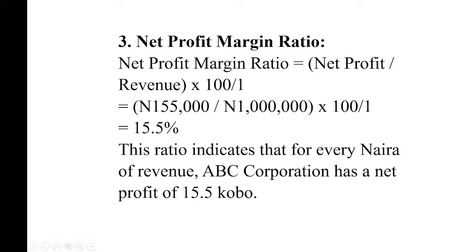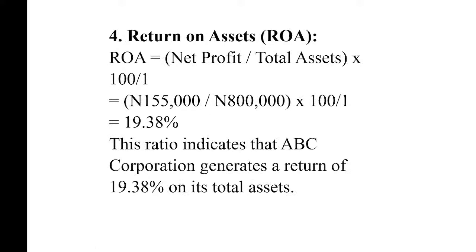Okay, we've done net profit margin ratio. Let's look at return on assets. Return on assets is equal to net profit over total assets. Now, when we talk about total assets, if you look at a statement of financial position that has a T format, the total assets is the total at the bottom of the T formatted account at the left hand side or the right hand side.